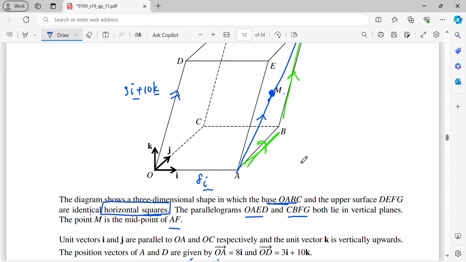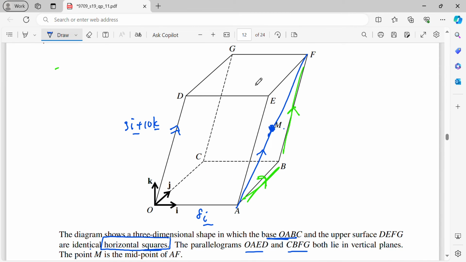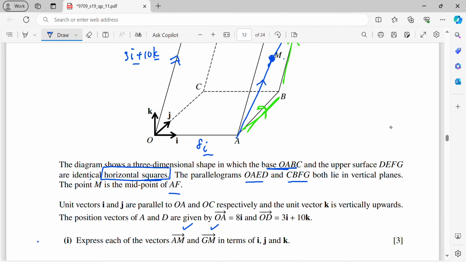Identical horizontal square, the bottom and the top face here. So square means same length. OA is hi. The i is a unit vector in the direction of OA. The h here means the length, which means the length of AB is h as well. And then the direction is j. So I know that AB is hj.